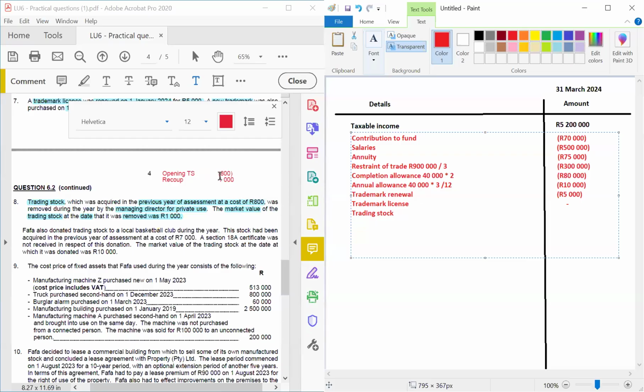So the main important thing that you have to know for this is that trading stock, when it is taken for private use, it is recouped at market value, right? So now this would be 1,000, right? That would be 1,000.